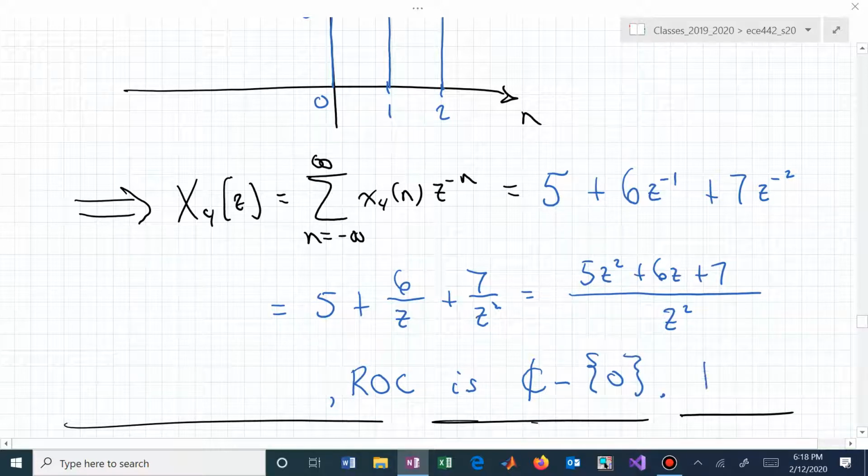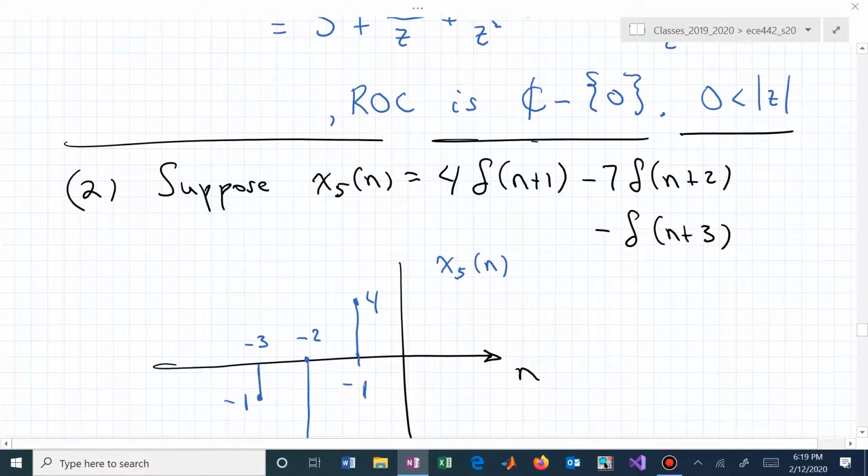Or we could say something like that, couldn't we? Region of convergence is the magnitude of z is bigger than 0. Is that okay for our region of convergence and for our z transform?